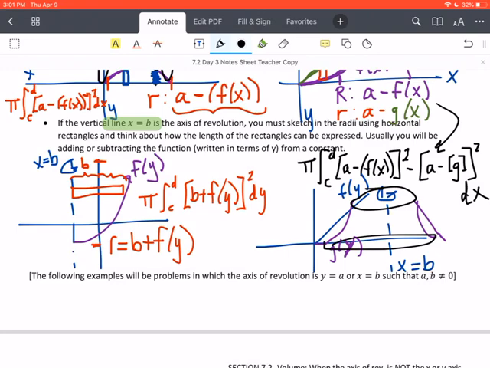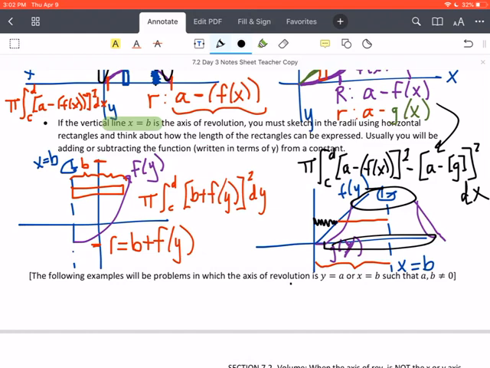Okay, but when we go back, we still need to define our radius. So if I go from the axis of revolution to the farther of the two, okay, I'm thinking about, well, the entire distance from the y-axis to x equals b is b. And what do I want to eliminate? I want to eliminate this portion right here, which is defined by f of y.